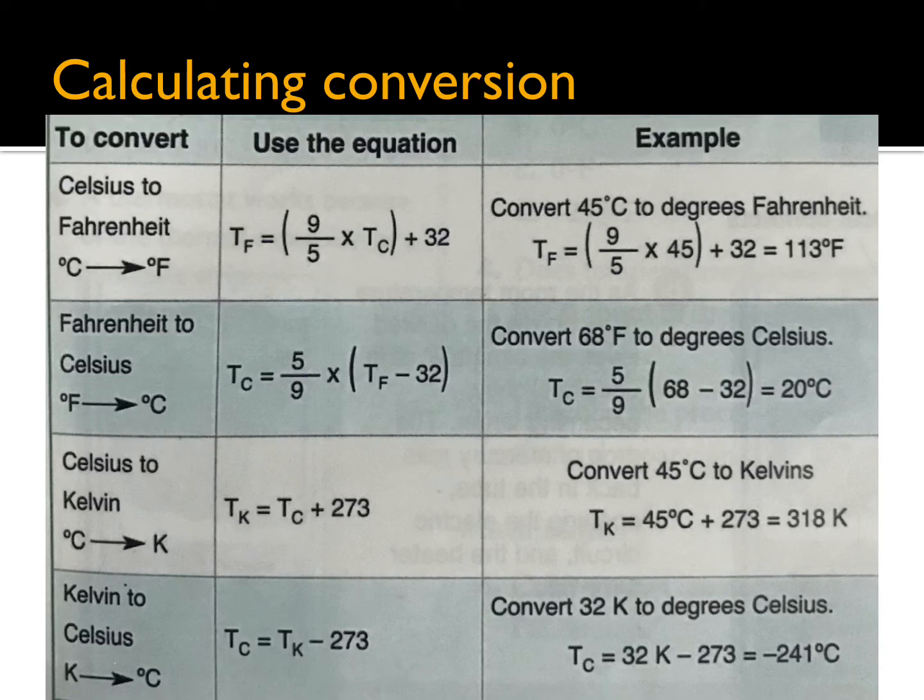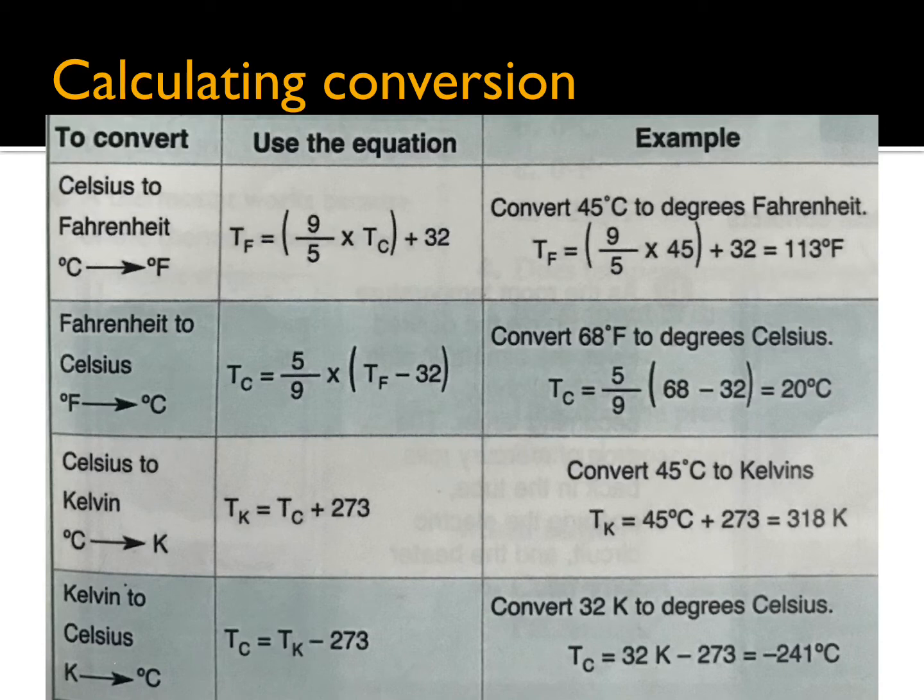Temperature conversion. The table in front of you shows how you can change temperature between different scales. For example, in the previous slide, you learned that water will freeze at 0 degrees Celsius, 273 Kelvin, and 32 degrees Fahrenheit.